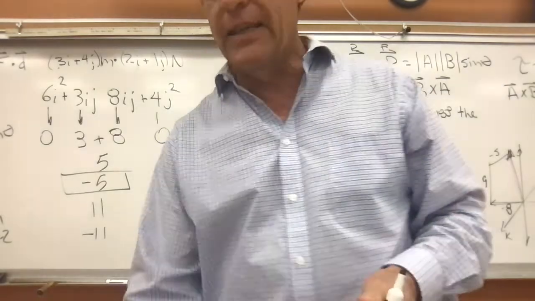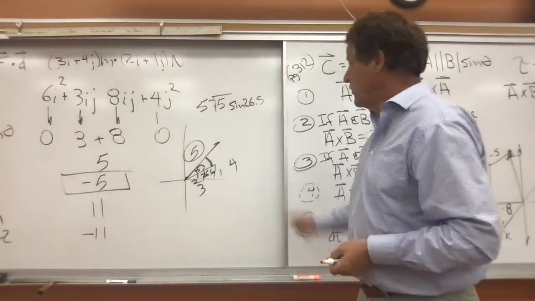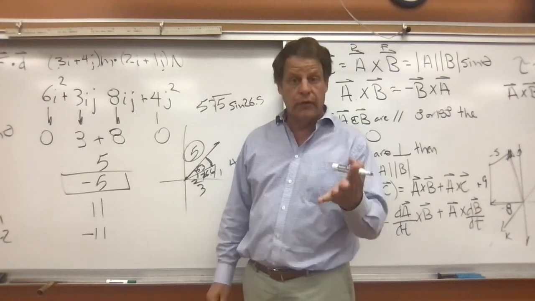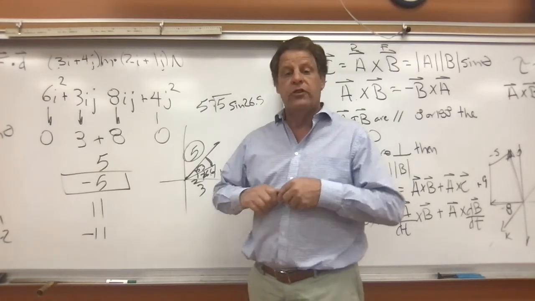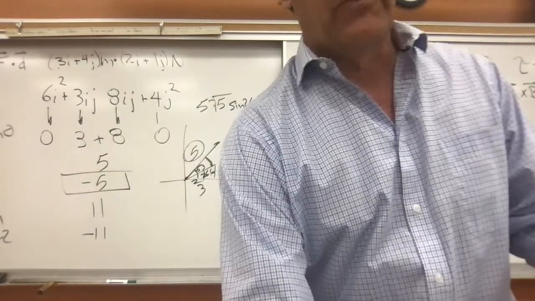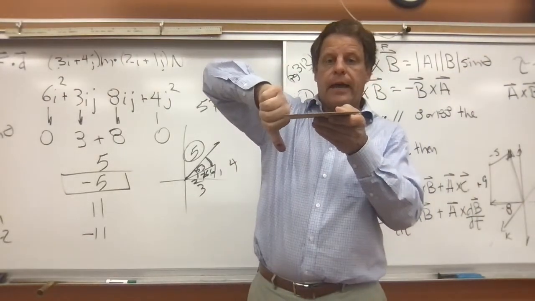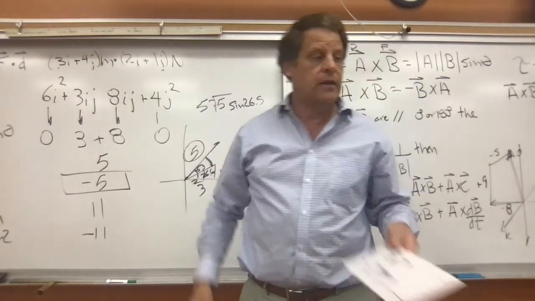So that is going to give us the same value that we got here, which was 5. That gives us the magnitude. It's just the direction that we have. And so we know from doing that cross product that that direction would be in that negative direction.